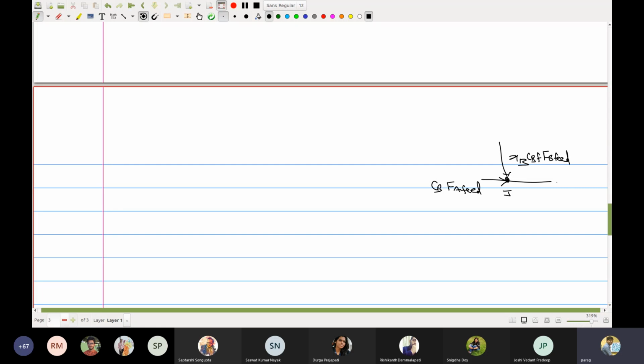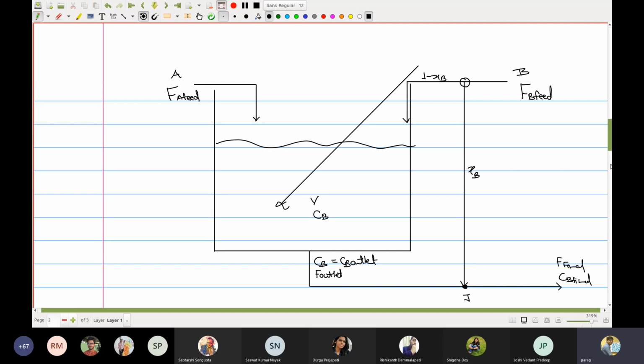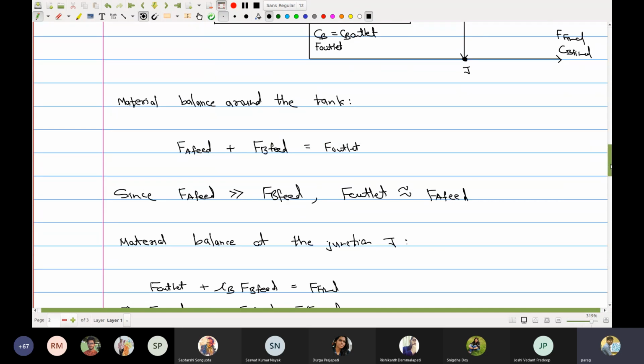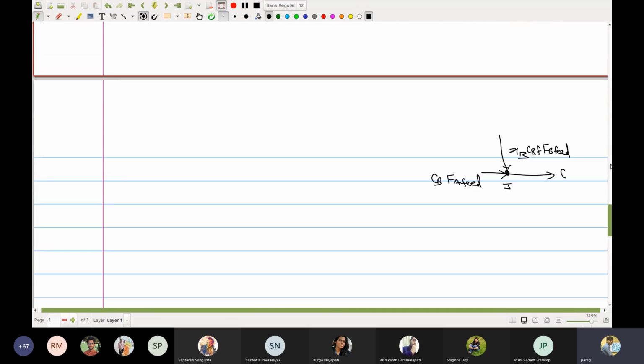This is coming in, and what's going out? What's going out is CB final or C final. We have used the notation CB final and F final. So CB final times F final, right?